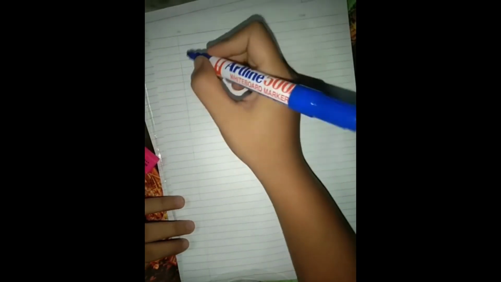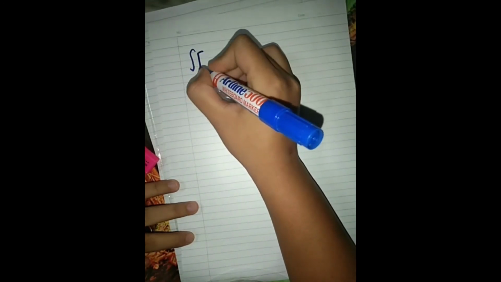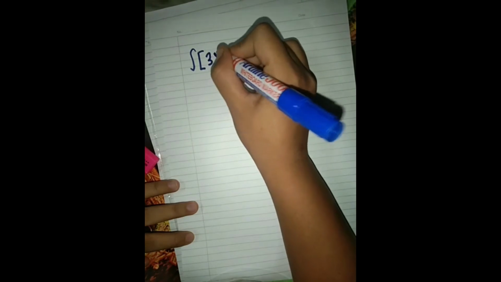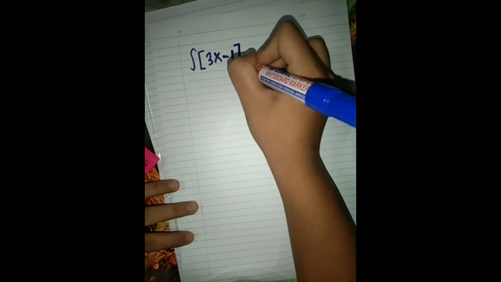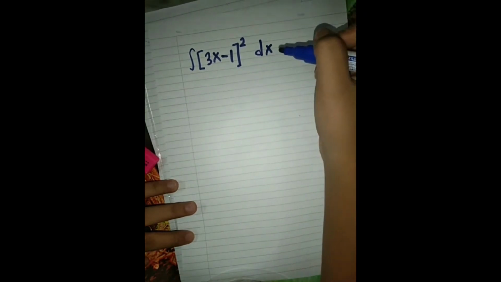Okay, next, what is the antiderivative of the integral of (3x minus 1) to the power of 2 dx?